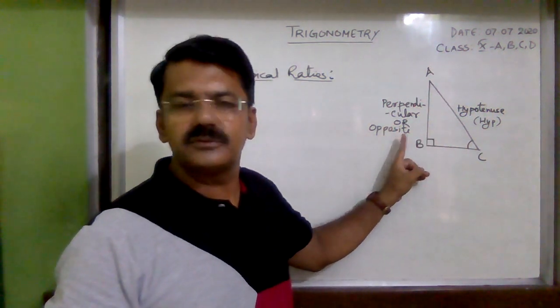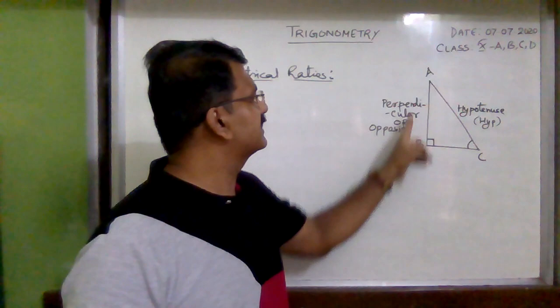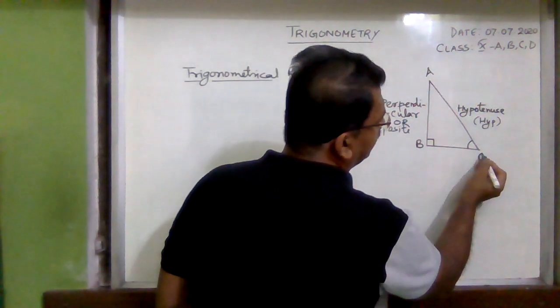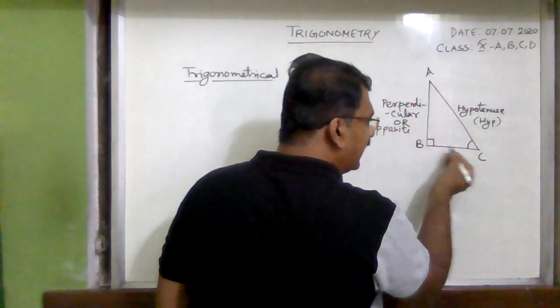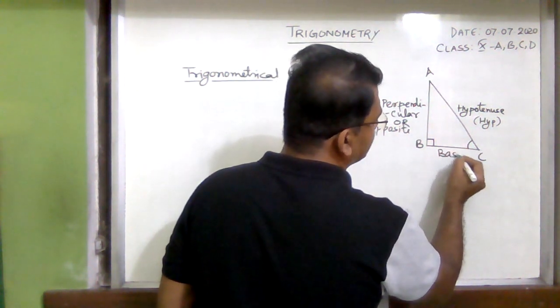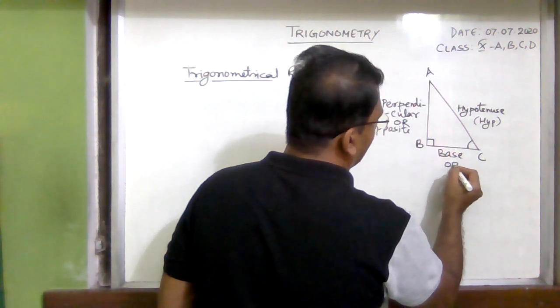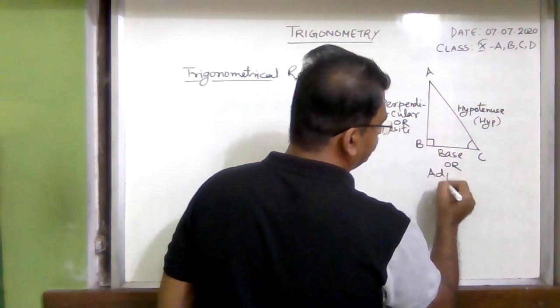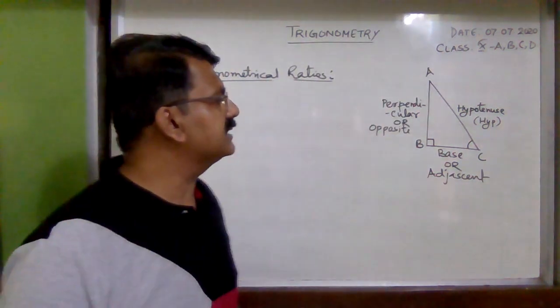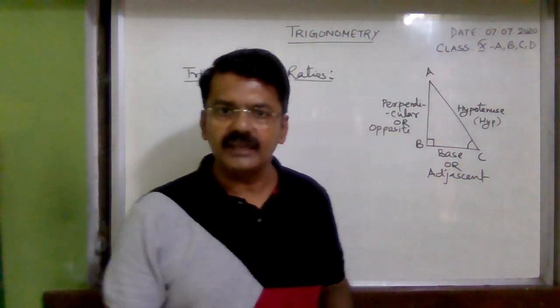So AC is always the hypotenuse, the side which is in front of angle 90 degrees, and the side opposite to the reference angle is called the perpendicular or opposite, and the side which is making the reference angle is called the base or adjacent. Clear?